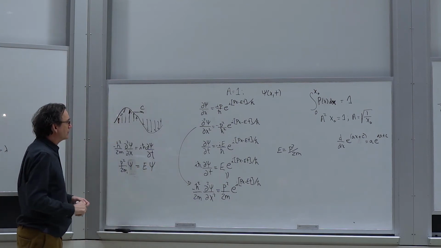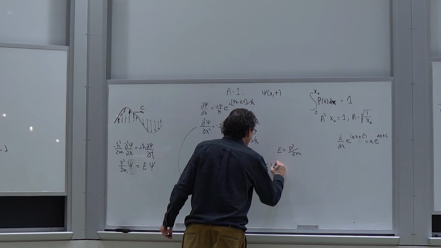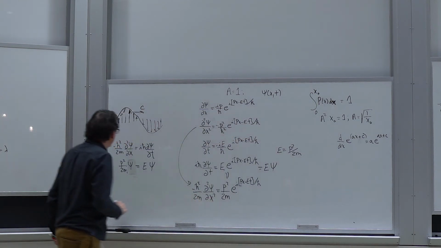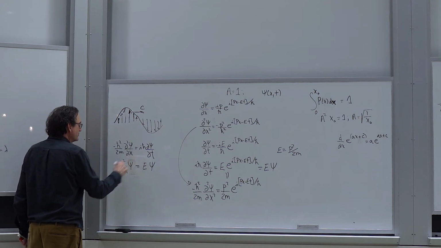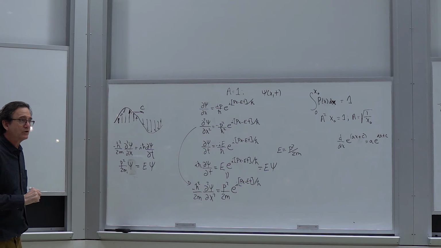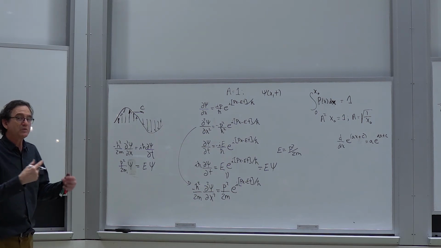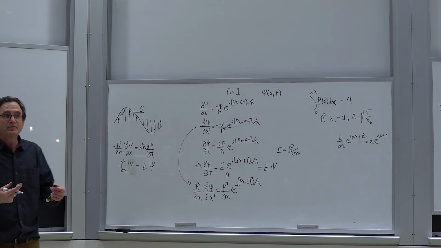So what I have basically said is that the reason this is true is because E equals p squared over 2m. So far, all I've done is say the Schrödinger equation is basically stating conservation of energy, or what the energy is.